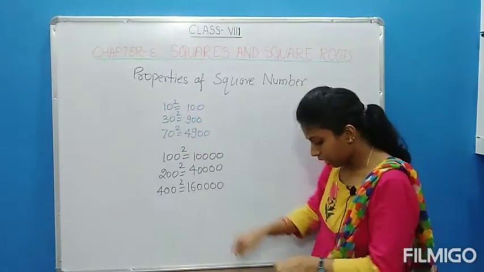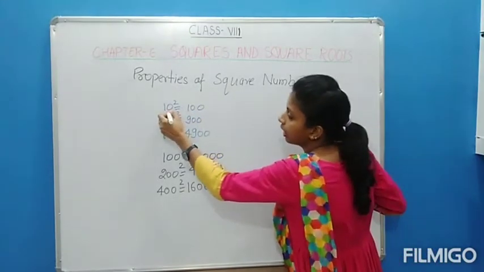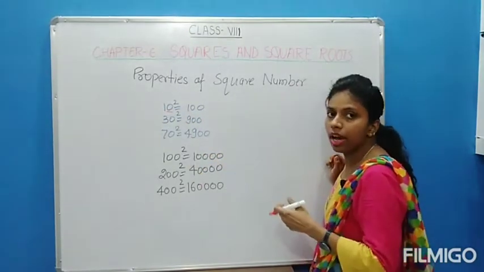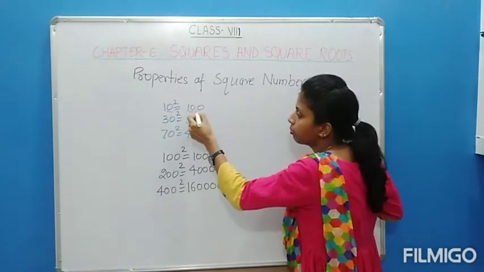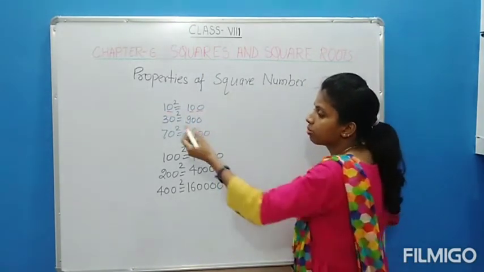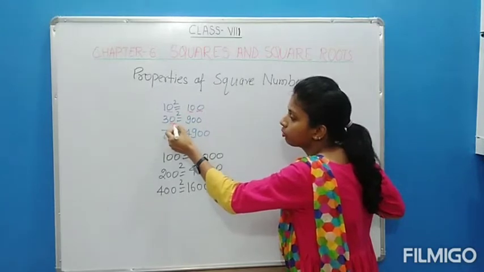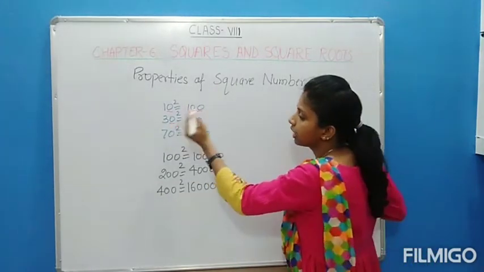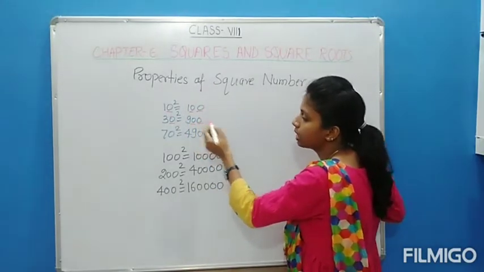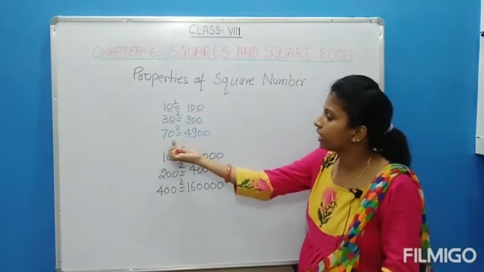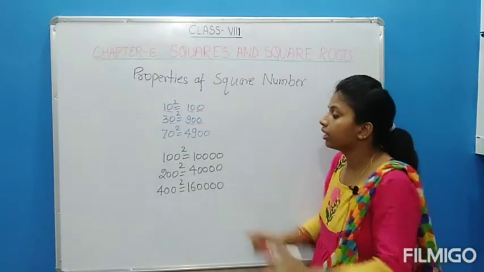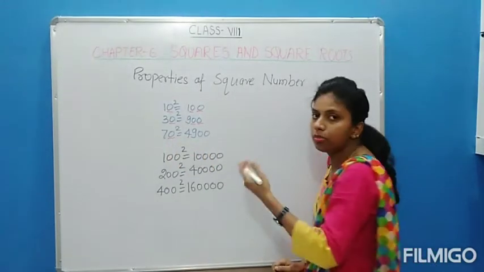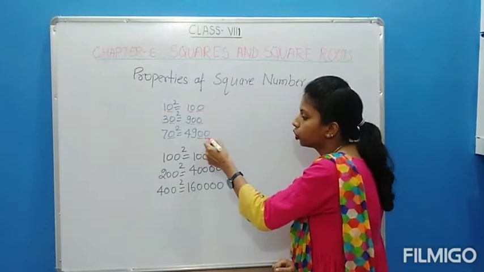Here for 10 there is 1 zero. After squaring, the number of zeros becomes just double of 1, means 2. Similarly for 30 square and 70 square, the number of zeros after squaring becomes double of 1, means 2.